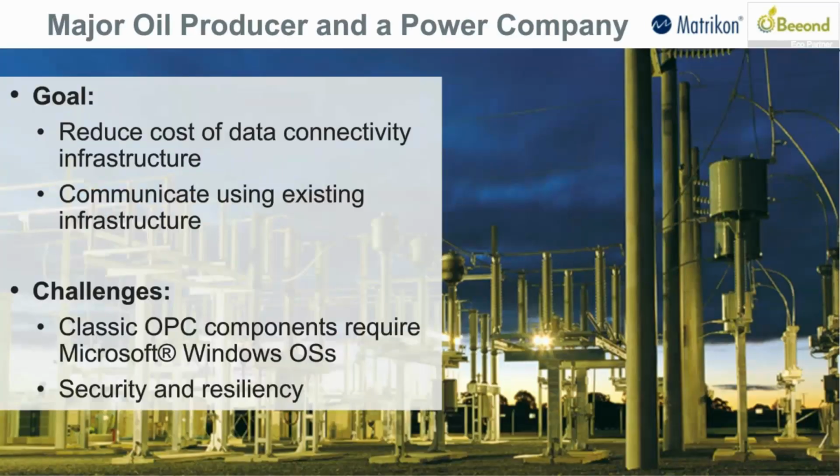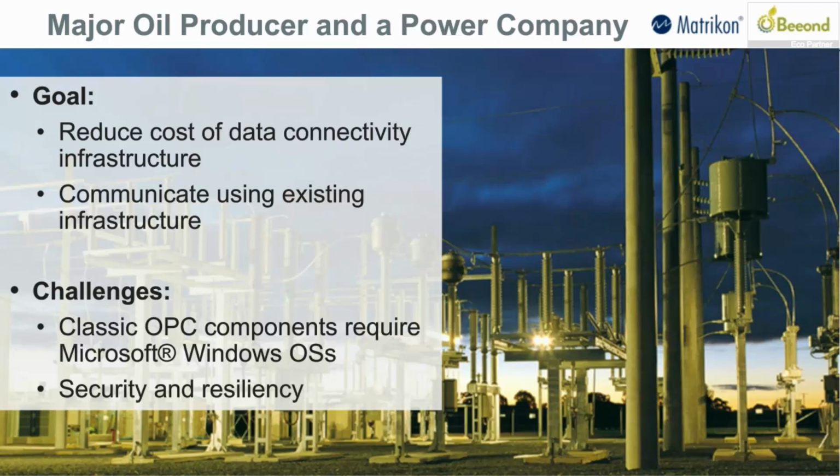A case study: an oil refinery, or actually an energy company. They had a goal of reducing the cost of data connectivity and communicating using their existing infrastructure. But they were hamstrung by OPC Classic and the requirement for Microsoft Windows, and they also needed better security and resilience.